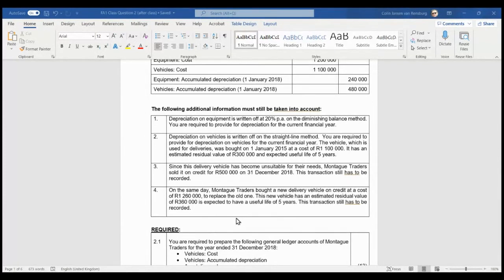Let me just test whether you remember. What do we call that process? We remove any balance of an asset that we have disposed of. It is an asset disposal.